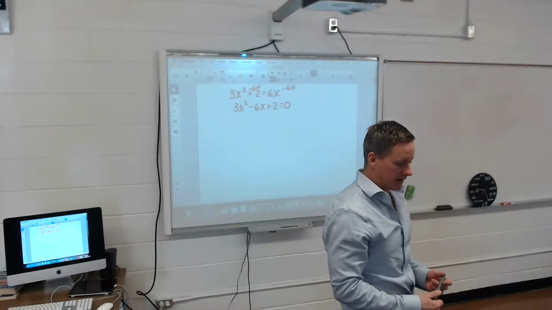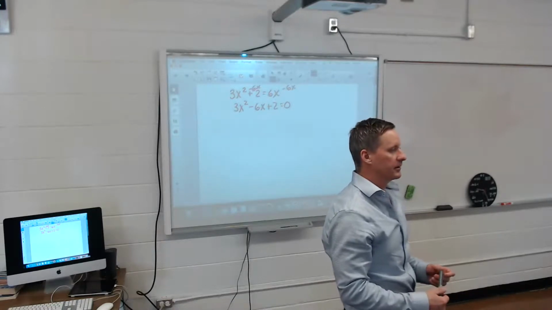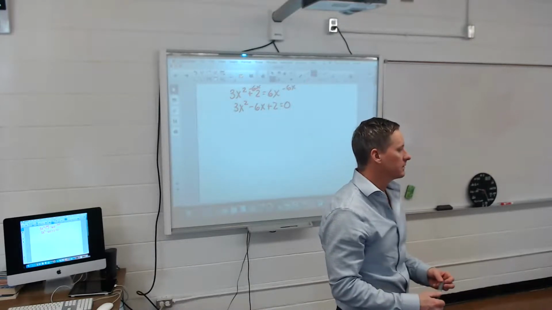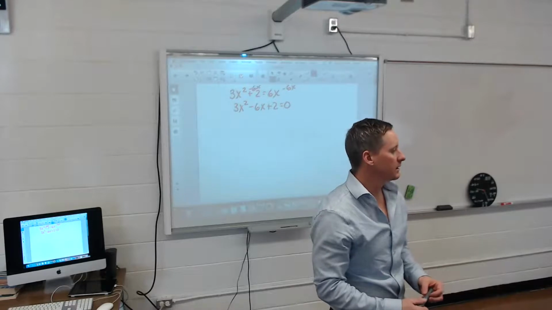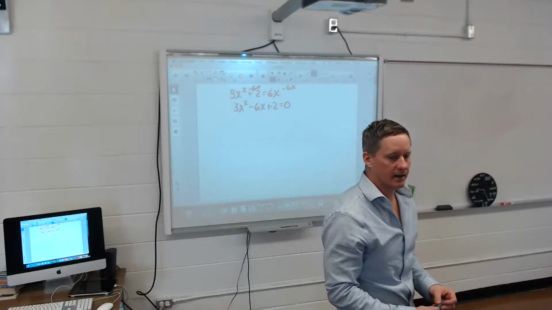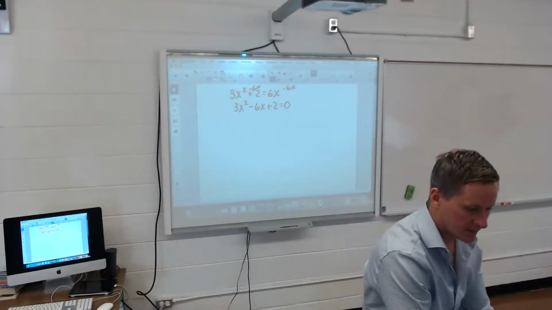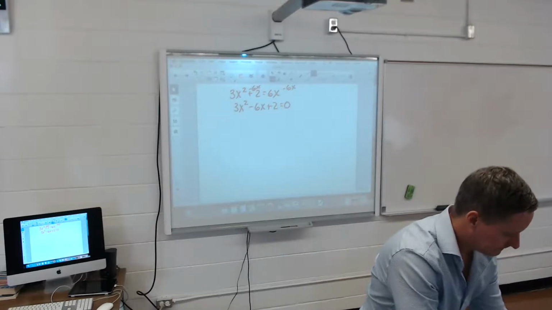And no real roots, the discriminant is less than 0. What has to be less than 0? The discriminant.